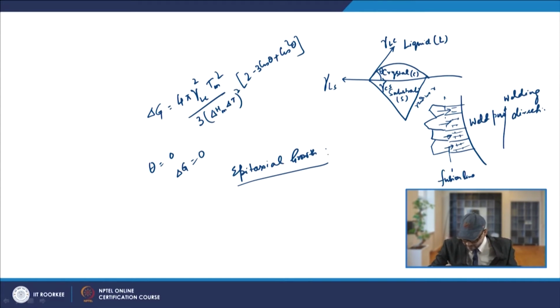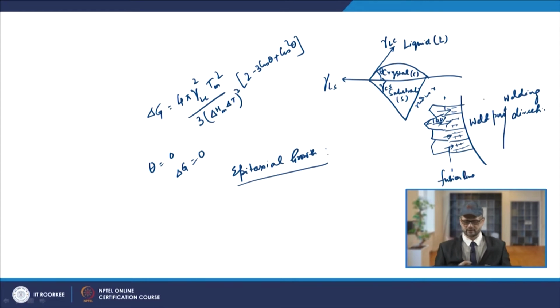So, they are moving in the 1 0 0 direction, the preferred direction of growth in the case of FCC or even BCC crystal structure. The trunks of the columnar dendrites will be growing in that direction, going towards the weld pool and up to the center line, without changing their directions.